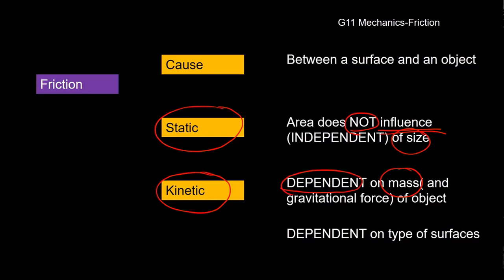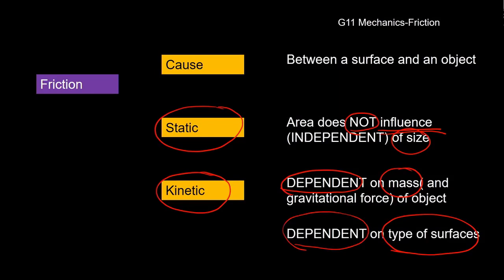The other thing that friction is dependent on is the type of surfaces. So if you think about smooth surfaces versus rough surfaces. So example, the tarmac is quite rough. So tires on tarmac, okay, so a tire is also quite a rough surface, that rubber is quite rough. That would affect the amount of friction or the size of friction between those two surfaces.